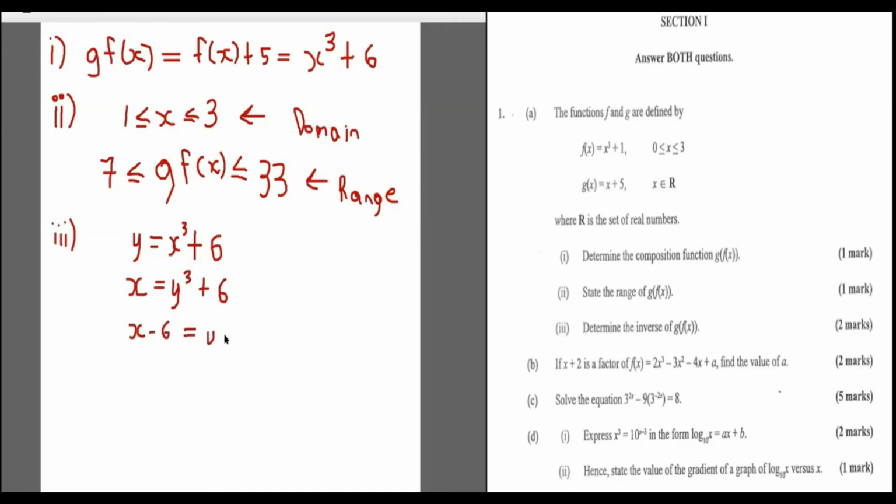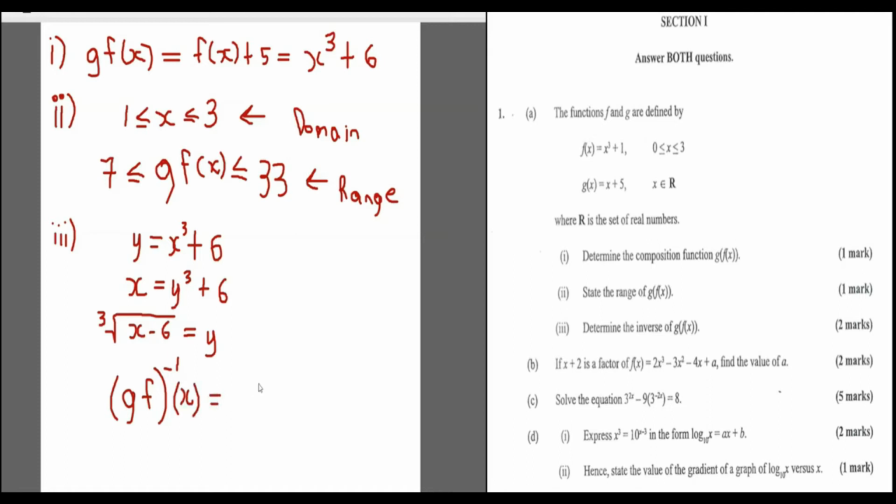But then we need y. X minus 6 is y cubed. So to get y, we're going to have to cube root both sides. And so this is y. Now this y is the inverse. And so what we can therefore conclude now is that g f inverse, the composite function inverse, is going to be equal to the cube root of x minus 6.